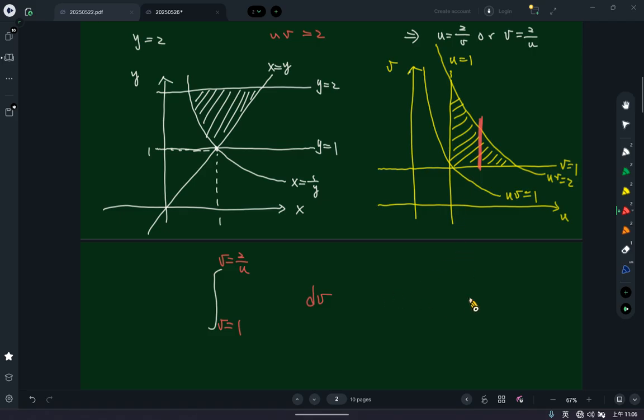And then we will gradually collect all slices in terms of different u, so that we will go for du length. Then we can have u from 1 to 2.